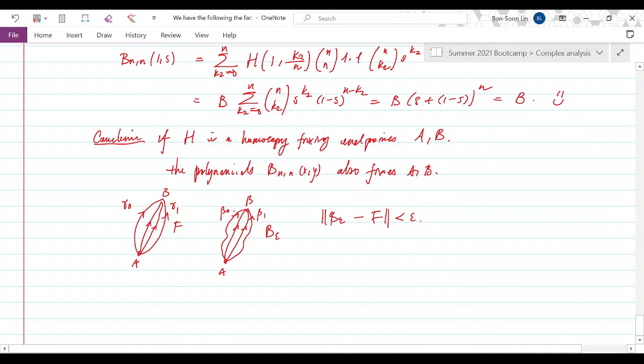So what we'll do is define an additional homotopy from gamma 0 to beta 0 linearly. So linearly homotope the n curves.